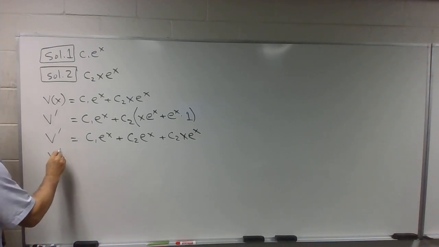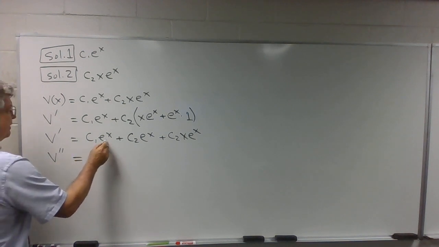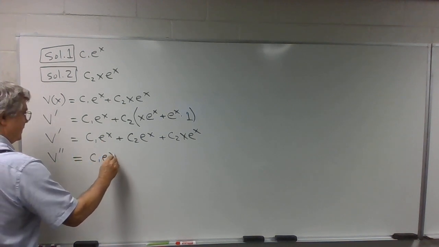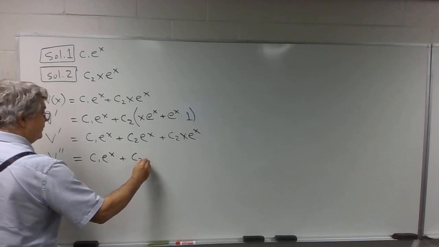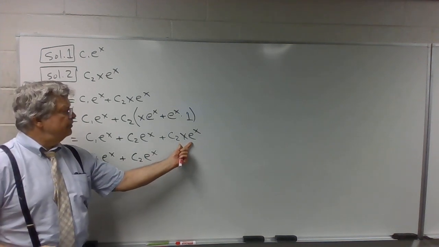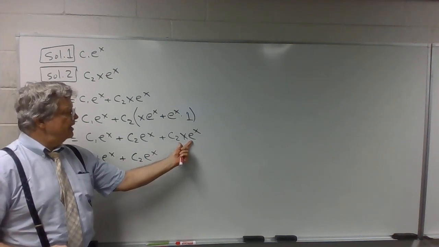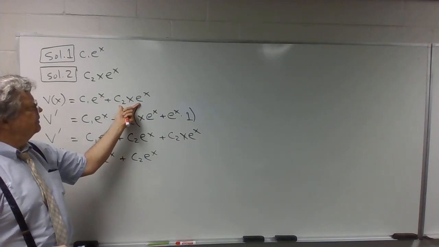Now our second derivative, the derivative of v prime. Compute the derivative of this, it's C1 e to the x. The derivative of this, C2 e to the x. And then we have to compute this derivative where we use the product rule, but we already computed the derivative of this thing up here.